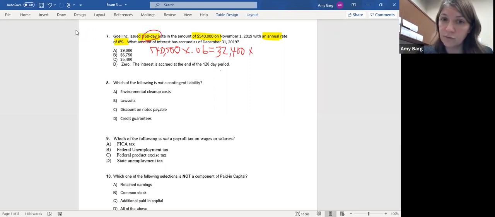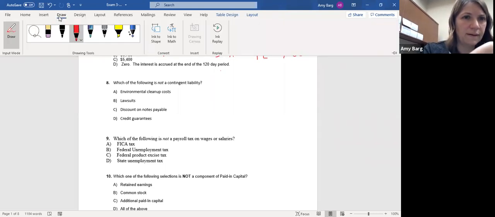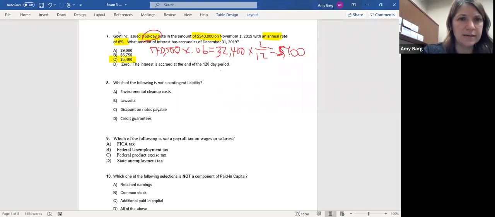We still calculated this for a whole year, even though it's only a 60-day note. But at the end of December 31st, that's the whole 60 days. But even if it wasn't the whole 60 days, it would still be times 2 over 12, because it's an annual rate of 12 months and 60 days is 2 months. So the answer is 5,400. So the answer is C, 5,400.